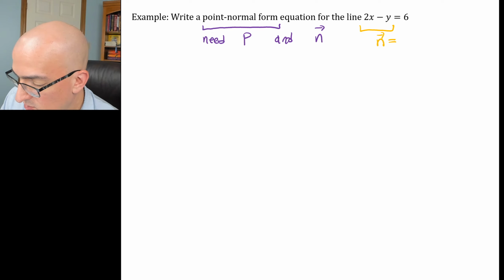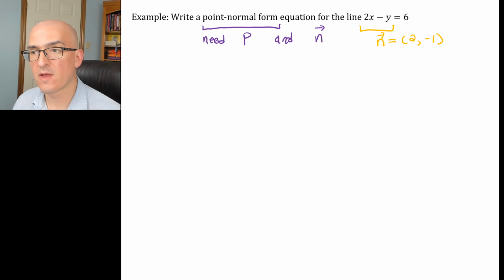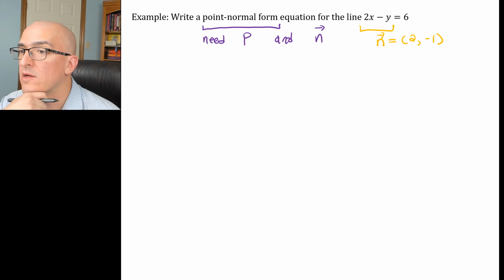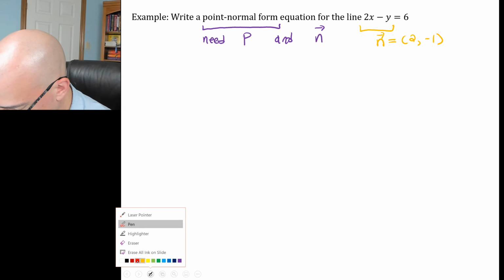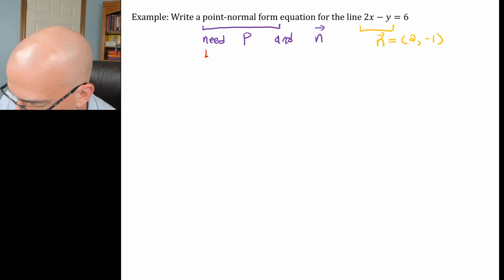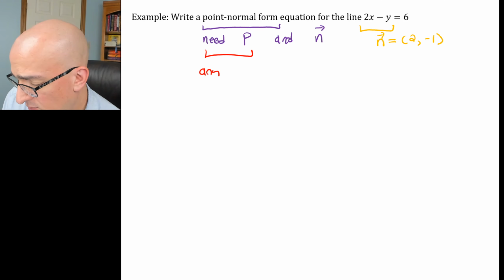N is equal to the coefficient in front of x, comma, the coefficient in front of y: (2, -1). We have to get the point p. This is any point on the line.